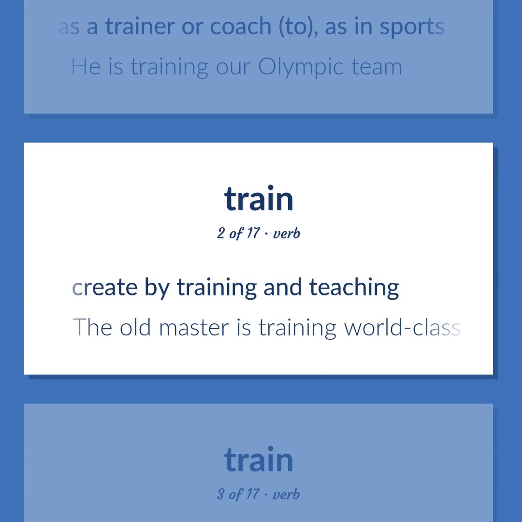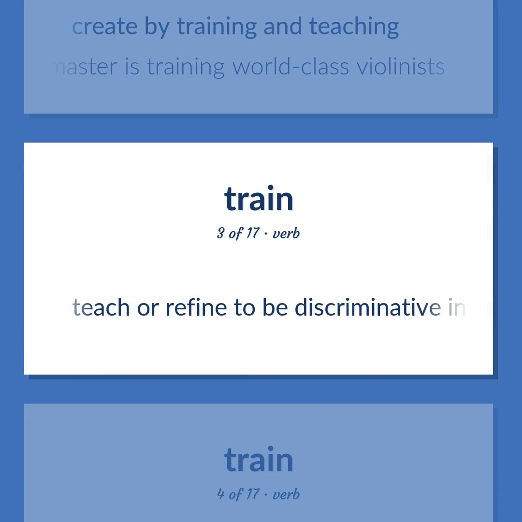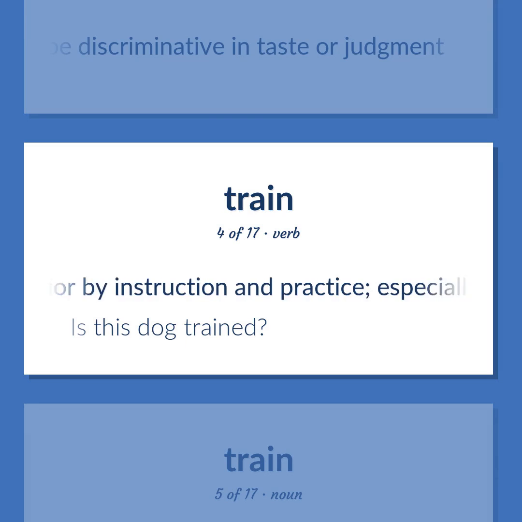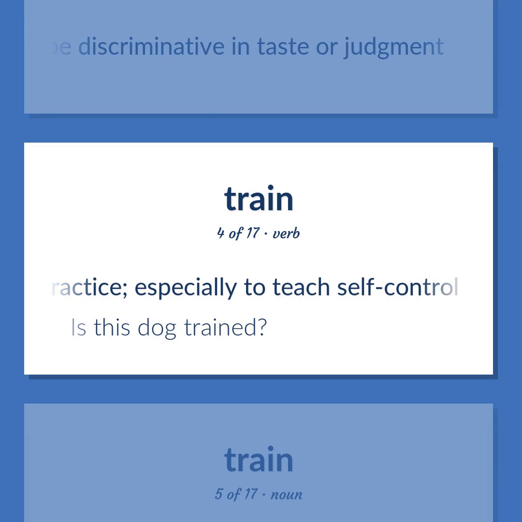Create by training and teaching. The old master is training world-class violinists. Teach or refine to be discriminative in taste or judgment. Develop a child's or animal's behavior by instruction and practice, especially to teach self-control. Is this dog trained?